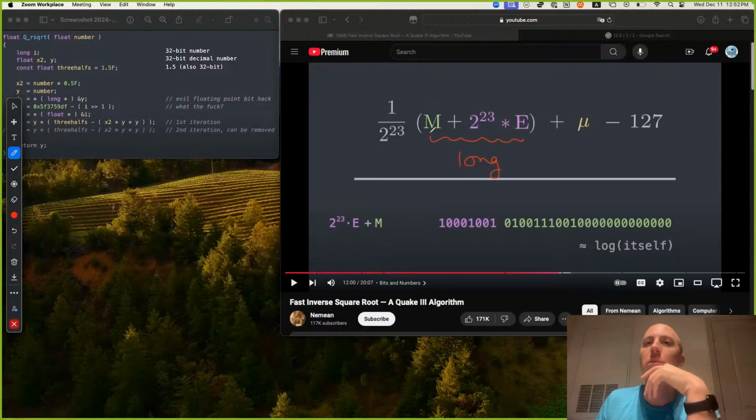We took the log of the number and got this whole expression. This whole expression is the log.